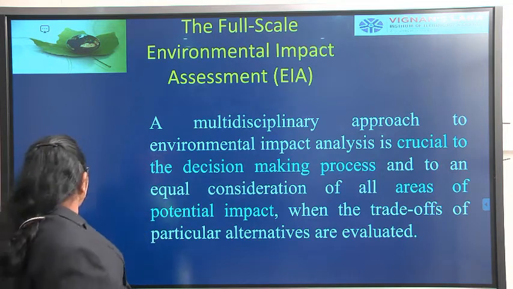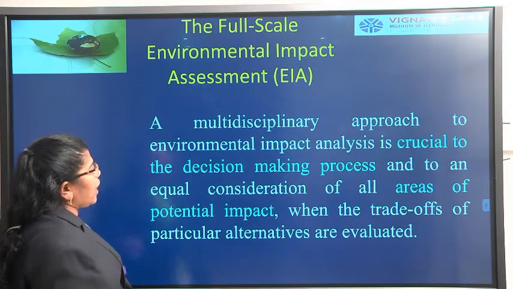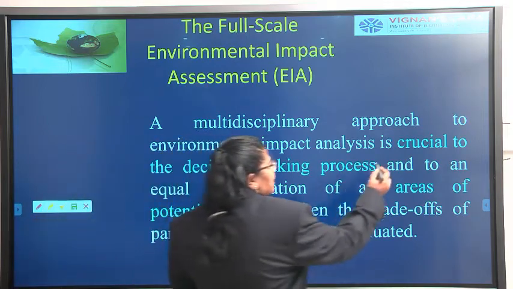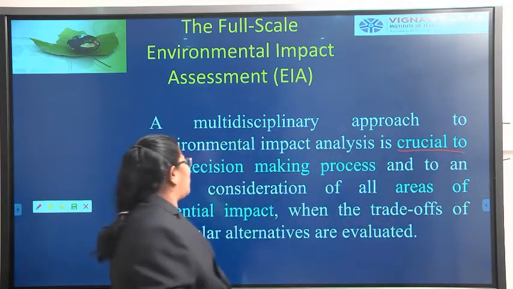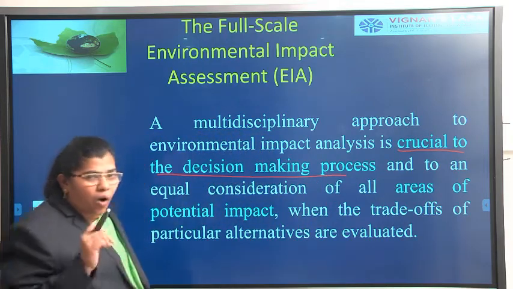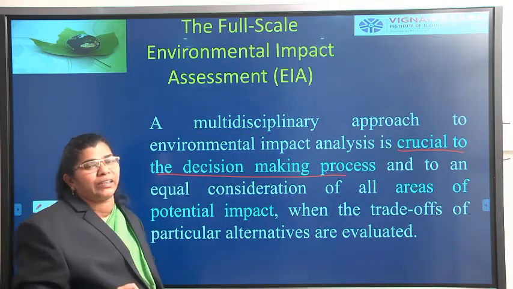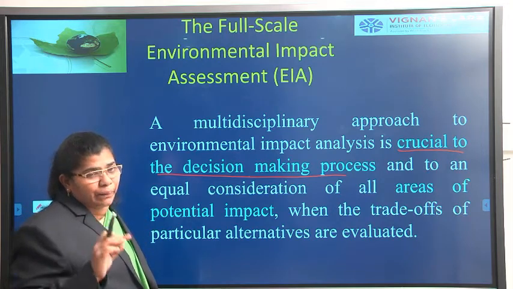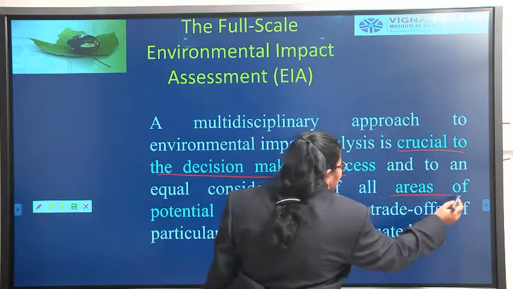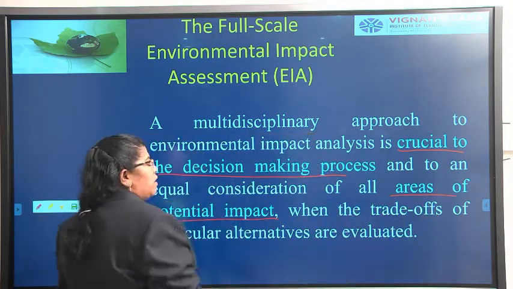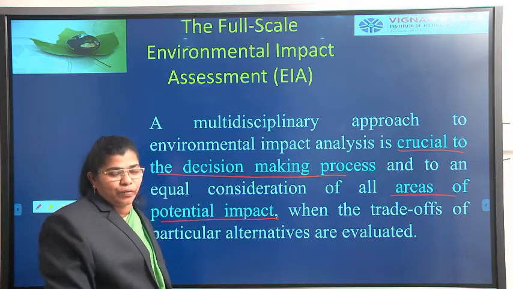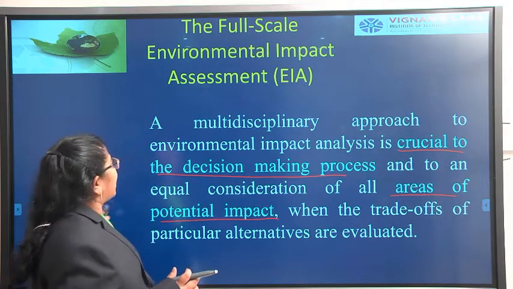It is a multidisciplinary approach, and environmental impact analysis is a crucial study in the decision making process. They will study all the surroundings of the project and how it is affecting the environment, the areas of potential impact, negative or positive, and what the alternatives are. They will be studying this here, right?